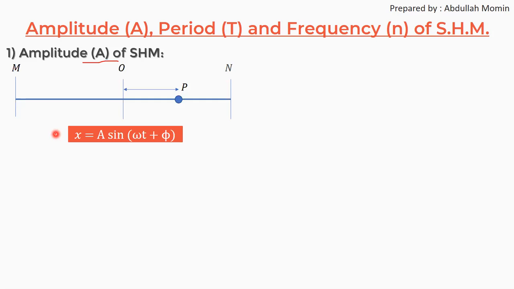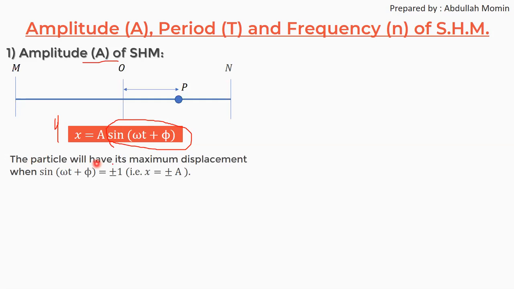So the equation of displacement of a particle performing SHM can be written as x is equal to A sine(omega t plus phi). If we want the value of x to be maximum, so if the term sine(omega t plus phi) has maximum value, that means x is also maximum, so the particle will have its maximum displacement.